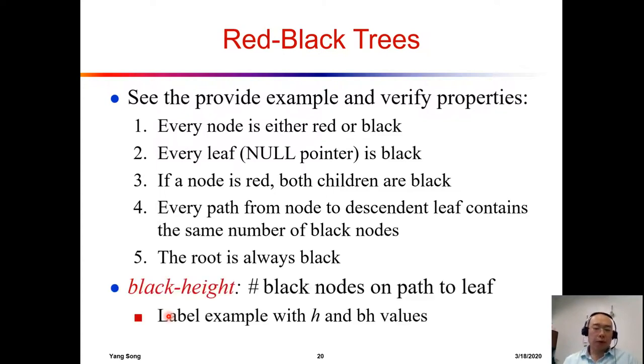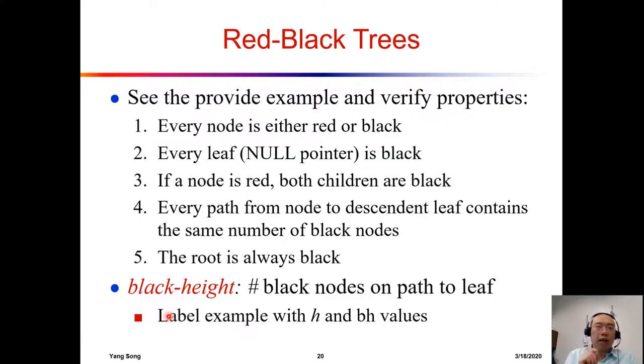So the next part, black height. That is the number of the black nodes on a path to the leaf. So now we have 2 different definitions of the height. The number 1, if we just talk about the height of the tree, then we know the definition. And then we also have the black height. Usually we use the black height of a node.